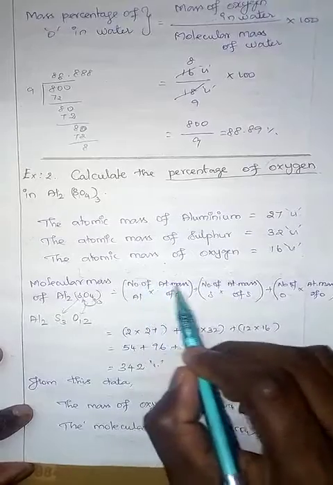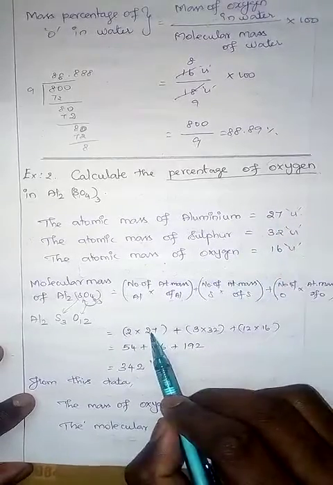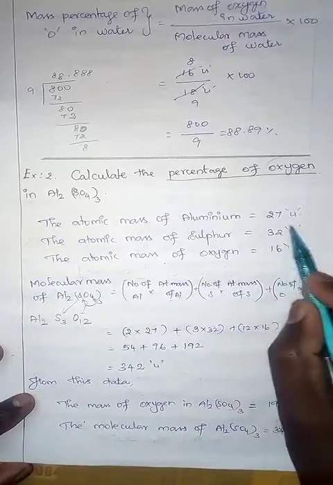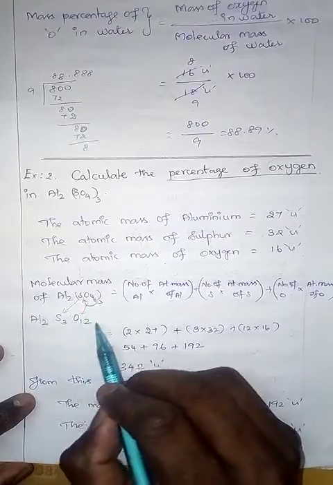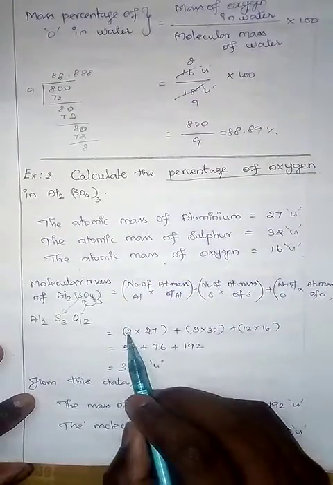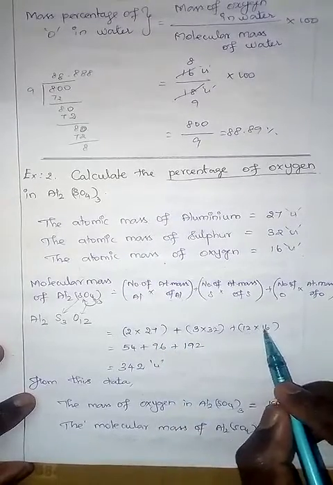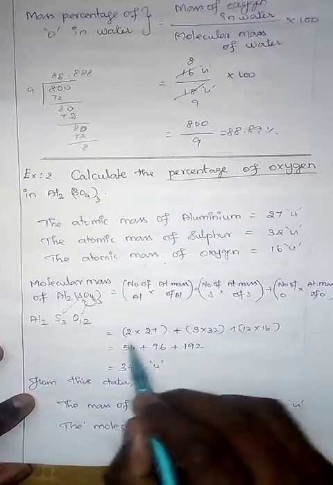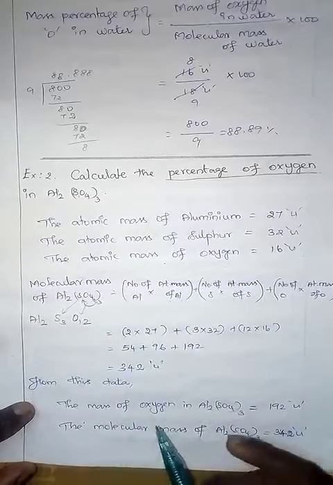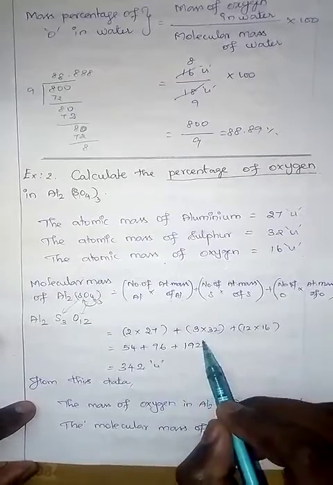The number of aluminium atoms, 2, into the atomic mass of aluminium, 27, plus the number of sulfur atoms, how many do we have? 3, into the atomic mass of sulfur, 32, plus how many oxygens do we have? 12, into the atomic mass of oxygen, 16. 2 into 27, 54, plus 3 into 32, 96, plus 12 into 16, 192. If we add all these, we get 342 u.